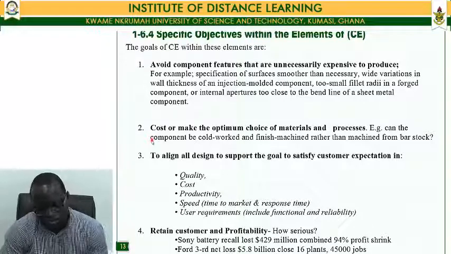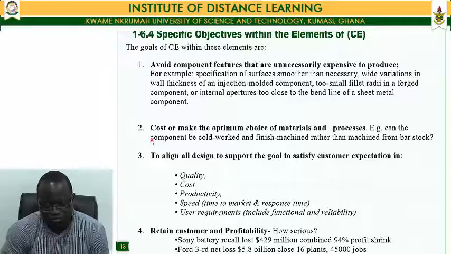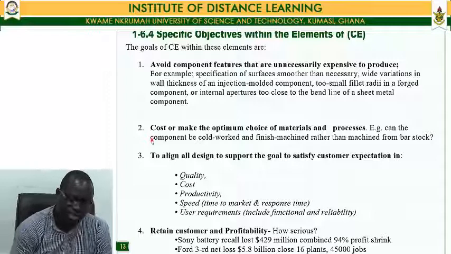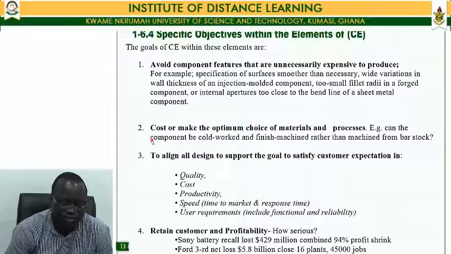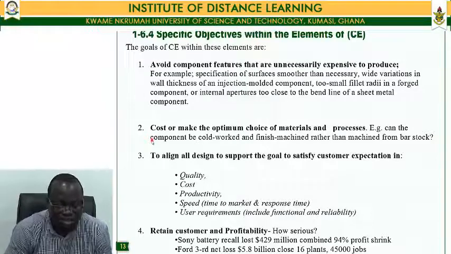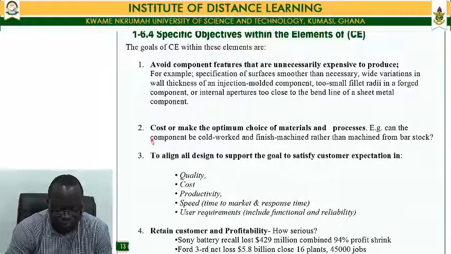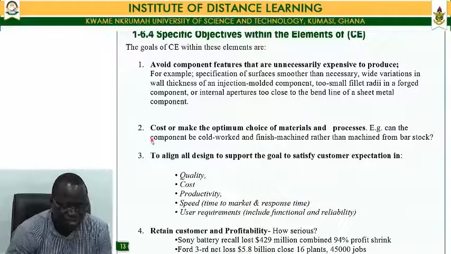Now, the third is to align all decisions designed to support the goal to satisfy customer expectations. That is also a key point because all the processes that are taking place are designed to satisfy the customer's expectations. And what are the customer's expectations?